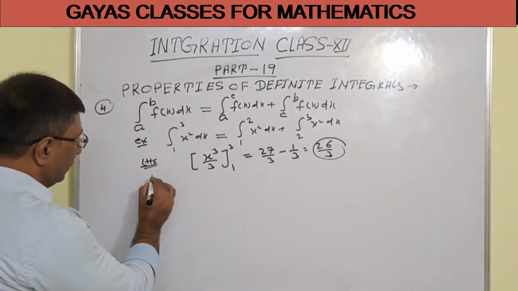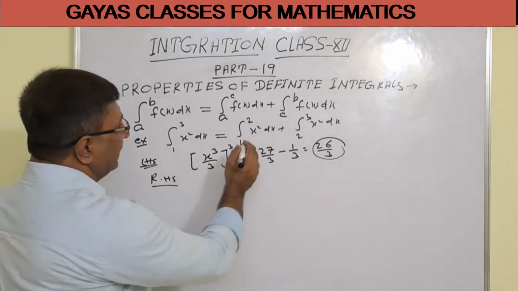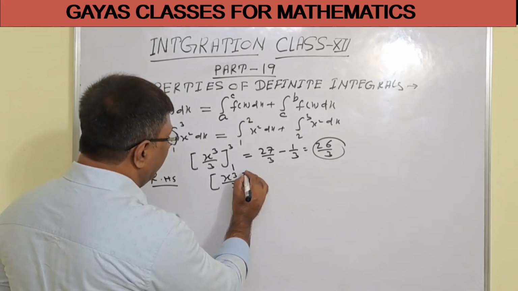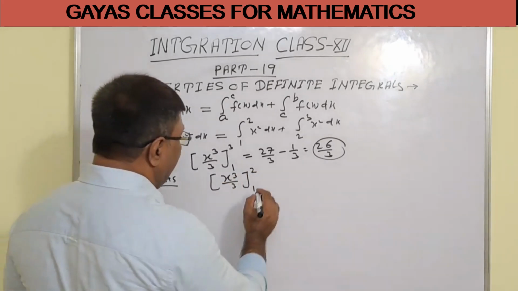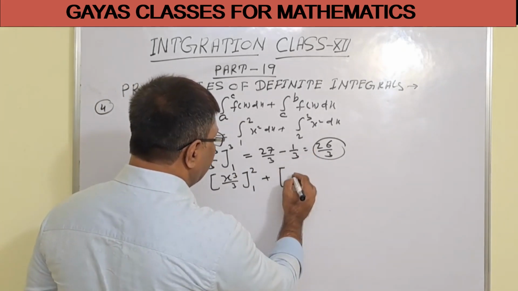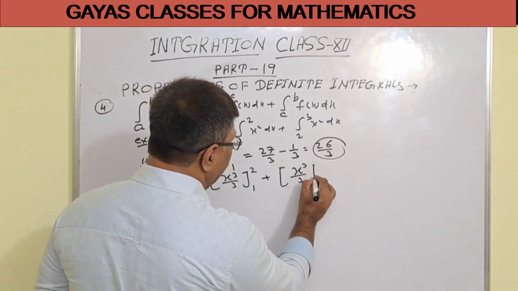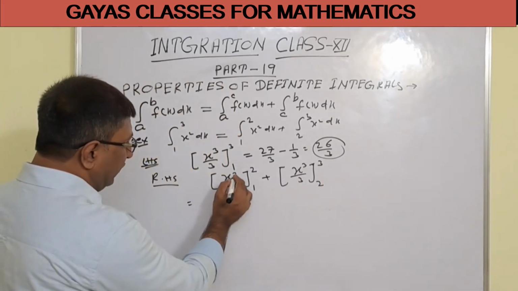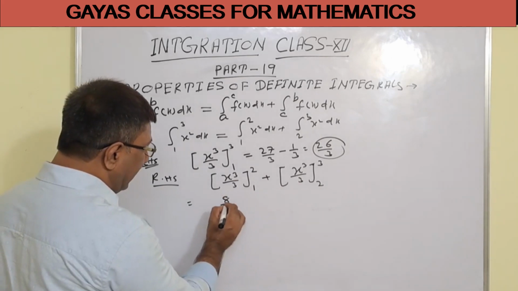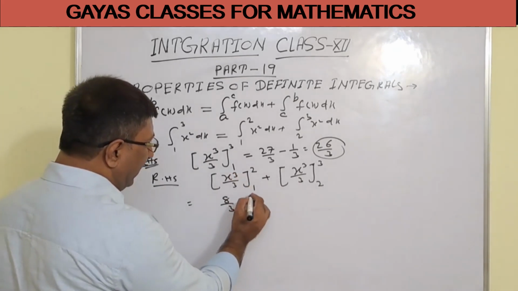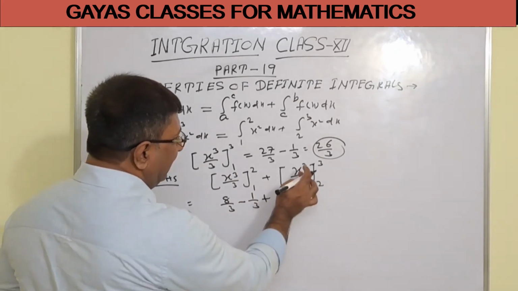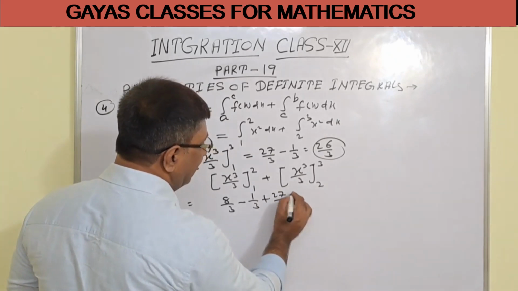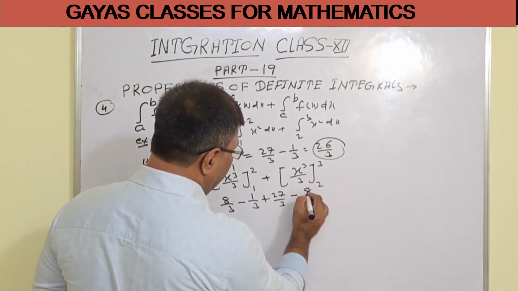Now the RHS. Here first, the integration of x square is x cube by 3, upper limit 2, lower limit 1. Again plus, the integration of x square is x cube by 3, upper limit 3, lower limit 2. When we solve this, at x equal to 2 we will get 8 by 3 minus, at x equal to 1, 1 by 3, plus, again x cube by 3, we'll get 27 by 3 minus 8 by 3.